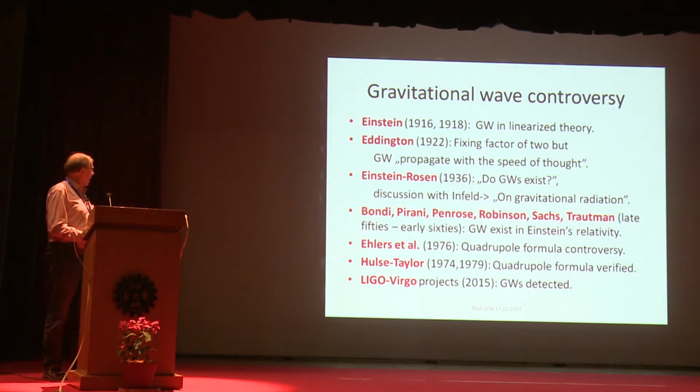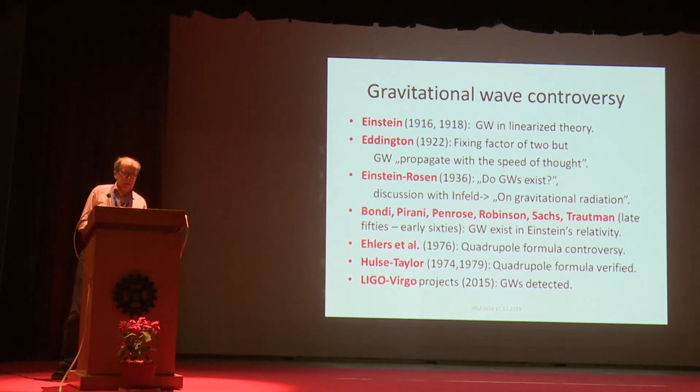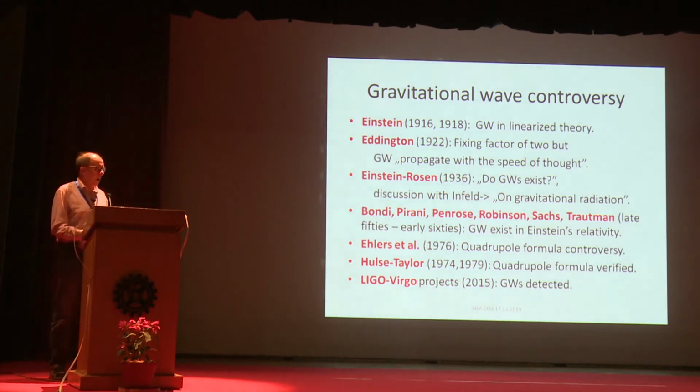But then, in 1974, a binary pulsar was discovered, and it was shown that the orbit of this binary pulsar shrinks exactly as if the system was emitting gravitational waves according to Einstein's general relativity. These measurements were made and, as you know, awarded a Nobel Prize in 1993.